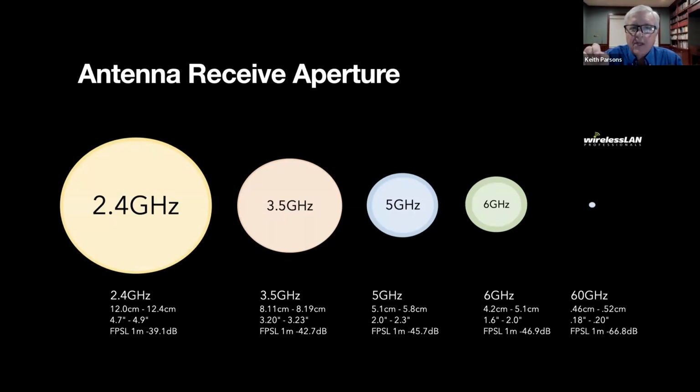That color change is the difference between the low end of the frequency and the high end of the frequency. So there are changes inside those as well. Note the 6 gig, because it's 1200 megahertz wide, has a bigger band of difference. And then look at the teeny little dot on 60 gig. So each frequency has a physical size, and our antennas are a physical size.